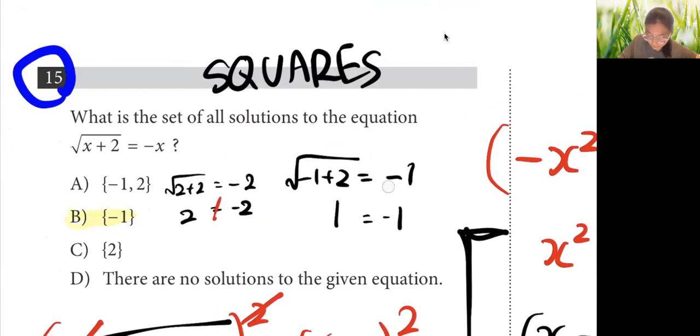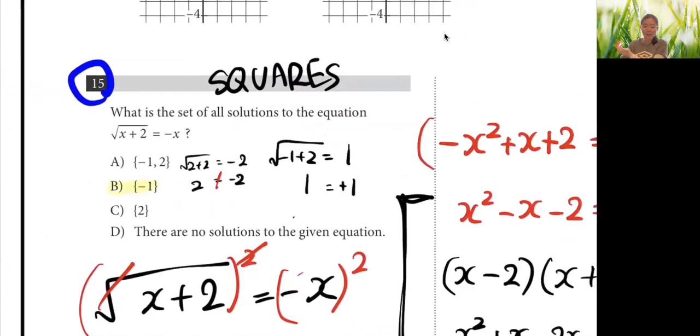Oh, wait. Okay, I know what I did wrong. The square root of negative 1 plus 2 equals negative times negative 1, which is 1. So that's going to be positive. So 1 equals 1. And we know that the x value, negative 1, is the solution. So B is going to be your answer.